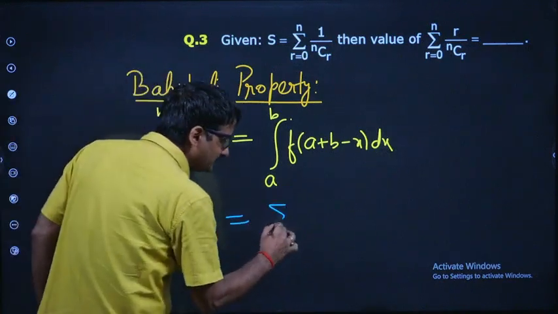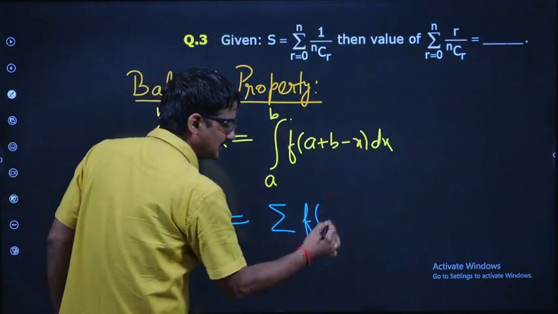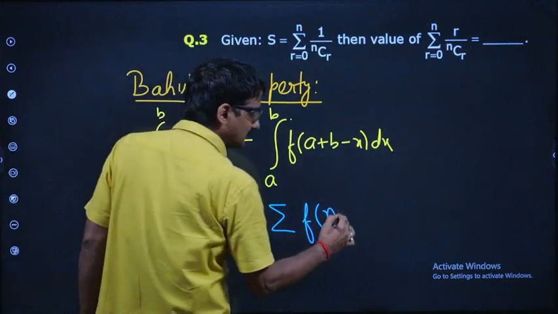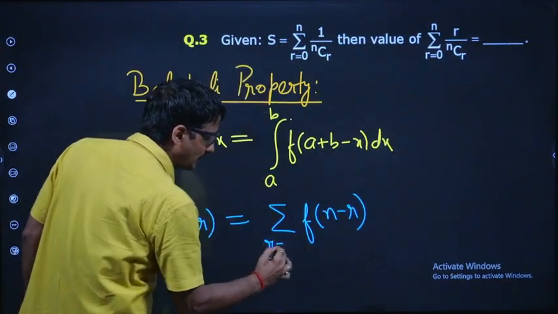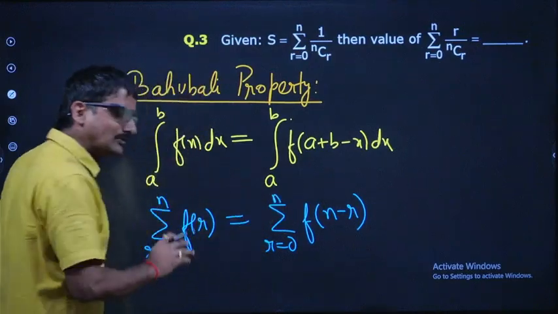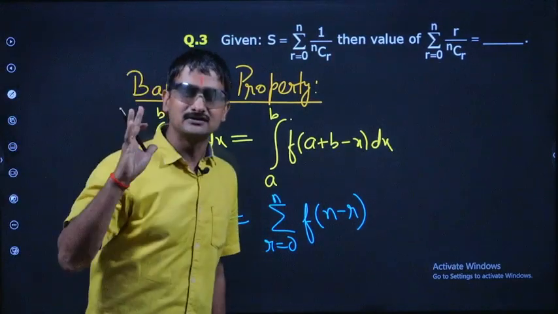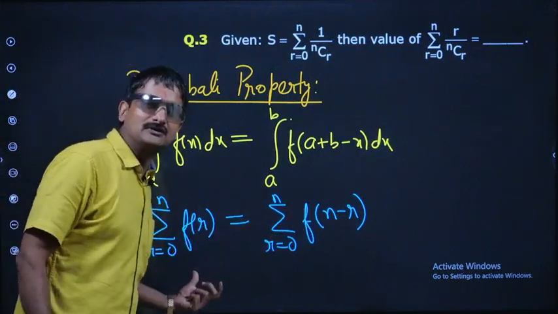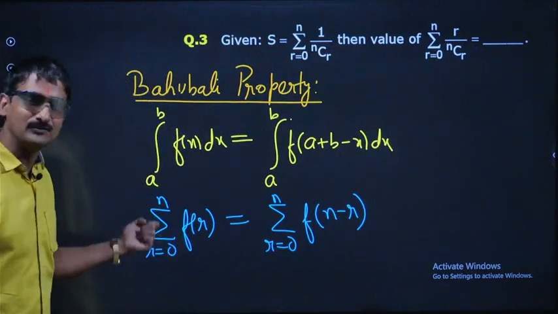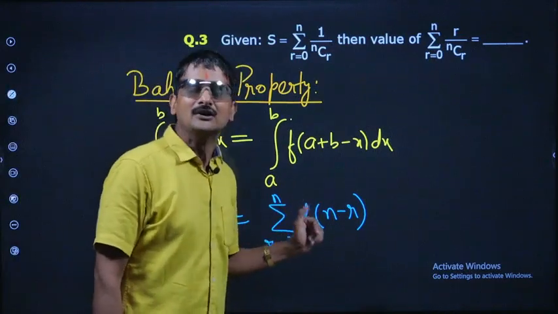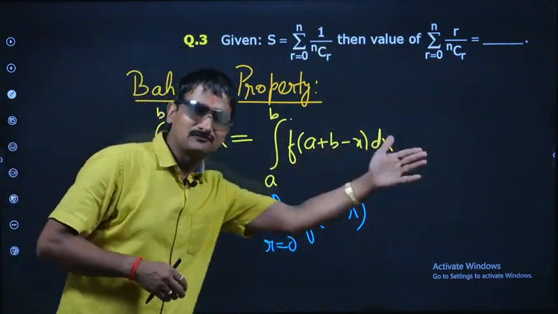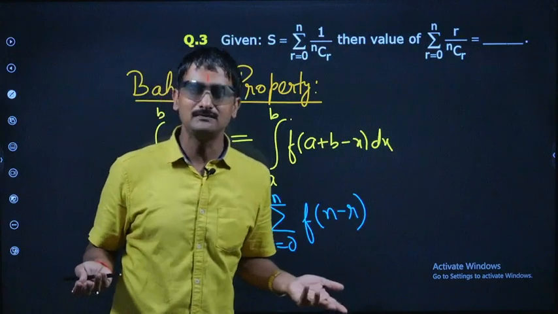So you add them, so 0 plus n is n, and replace r by a plus b minus r, so n minus r. The value remains same. Okay, and you can very easily verify or prove by expanding both the terms, by assigning values of r here from 0 to n, r here from 0 to n. It's like writing this one is from 0 to n and this one is from n to 0. So of course that won't make any difference.